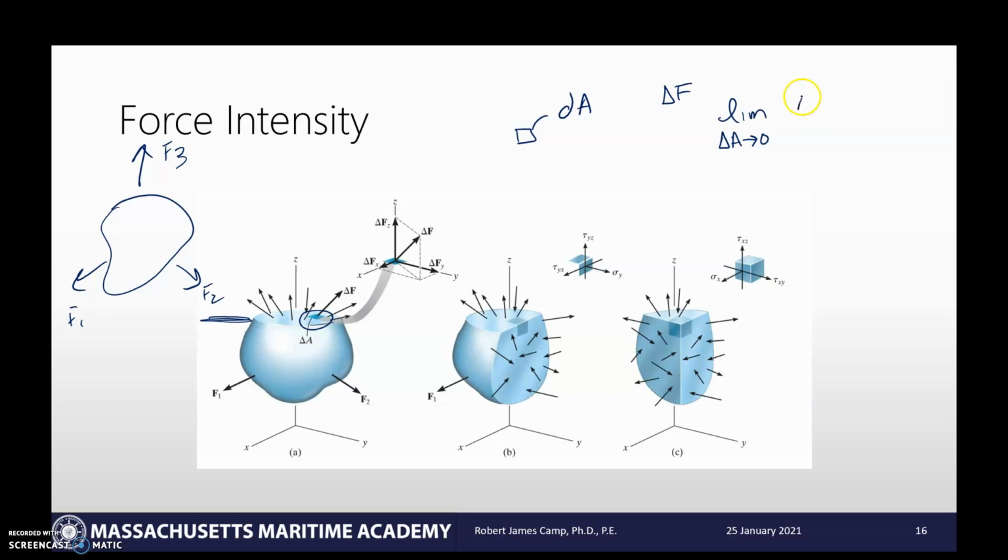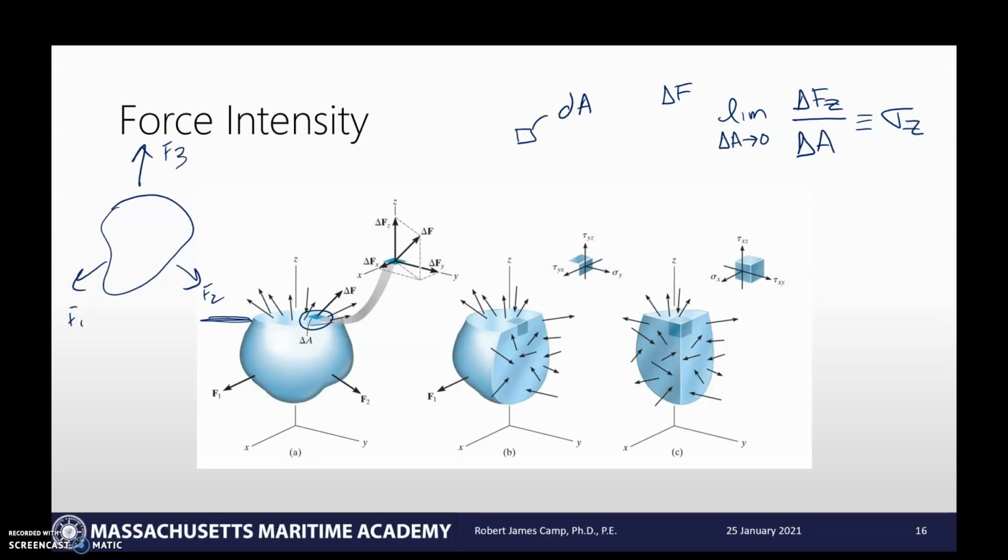So in this case, we're going to take the limit of all of these forces acting in the z direction, and then I'm going to divide it by delta A. So as I run this, as I take the limit of this as delta A gets to 0, what I am going to do is I'm going to define this to get a finite number. And that finite number we're going to call sigma sub z.